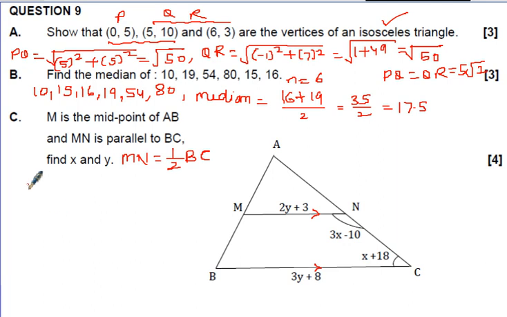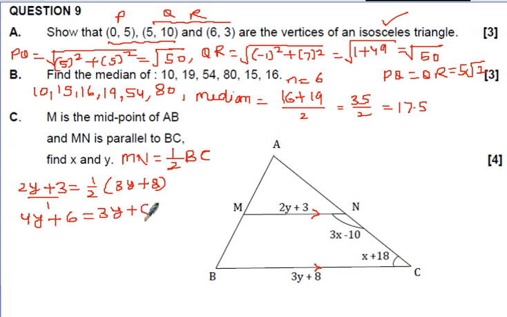So what you can write: 2y plus 3 is half of 3y plus 8. Now here, when you cross multiply, you shift to this side. Many children make a mistake. They write only 4y plus 3. It is 4y plus 6 is 3y plus 8. And when you shift y to that side, y will come 2.